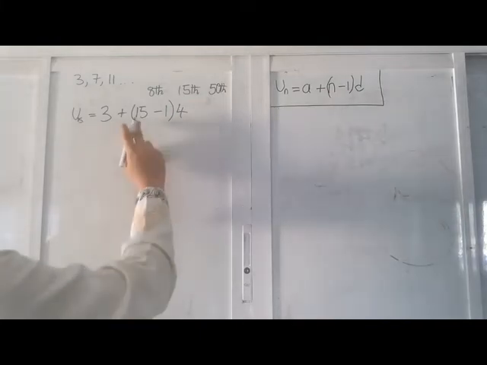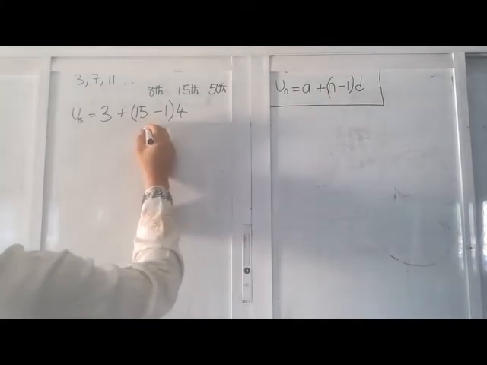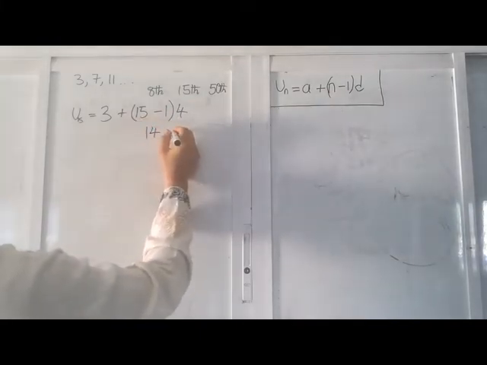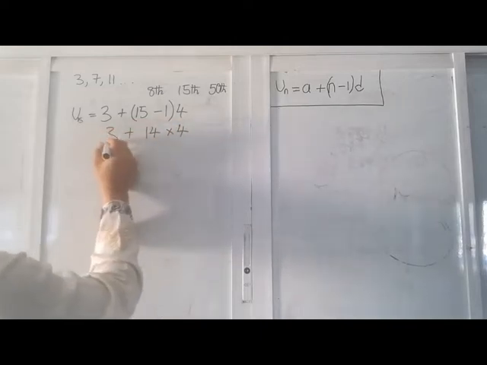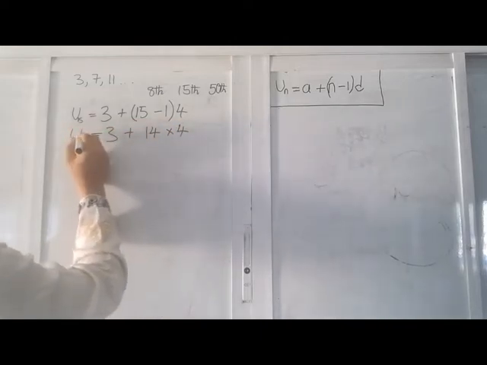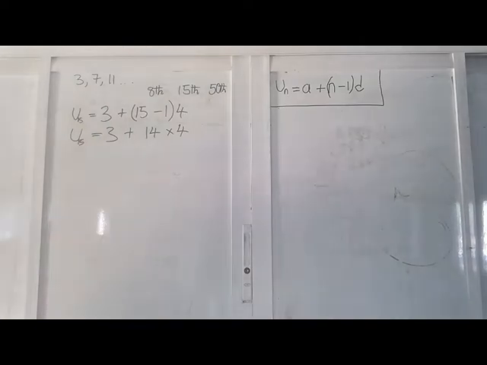So 15 minus 1 will give us 14 here, times 4, plus 3, equal to the 15th term, which we want to find.